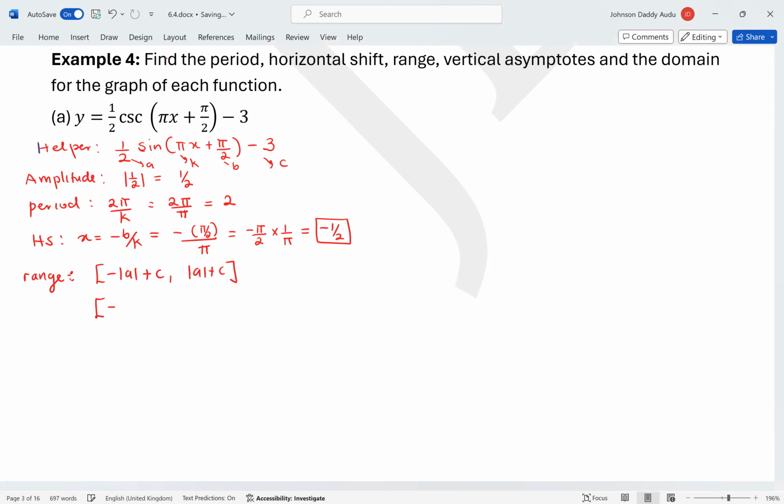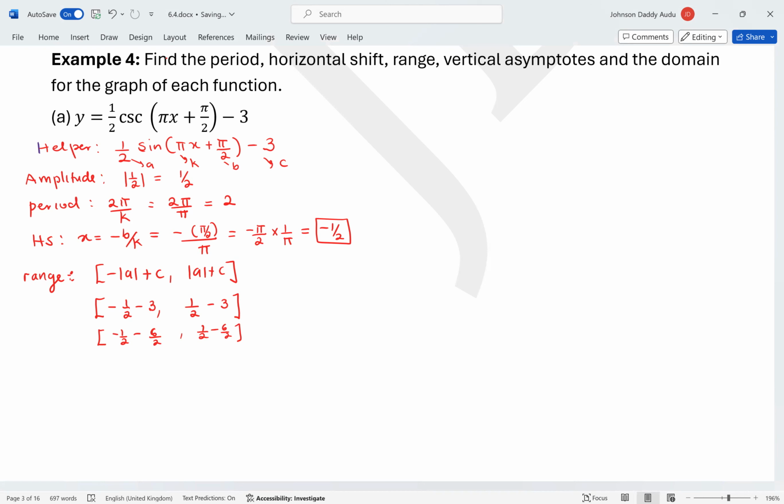So this gives minus absolute value of a, which is minus half, minus 3, and also half minus 3. We can write it as minus half minus 6 over 2, and half minus 6 over 2. In other words, it's minus 7 over 2 and minus 5 over 2.